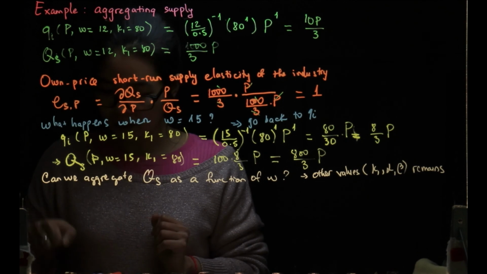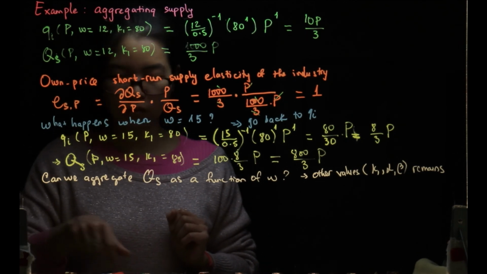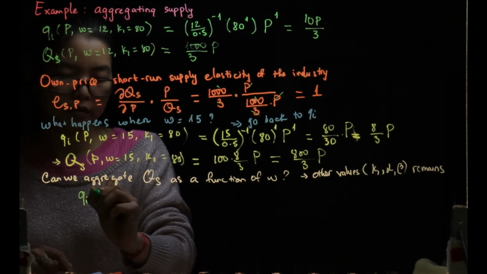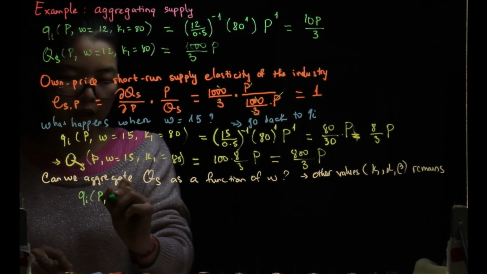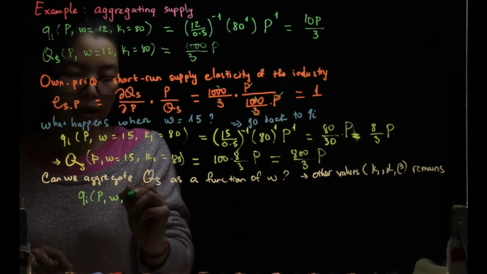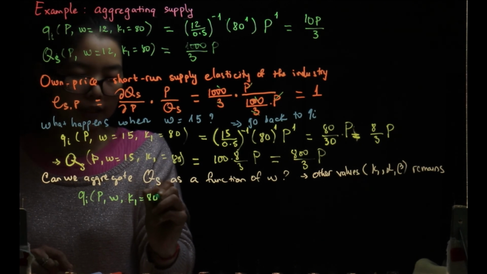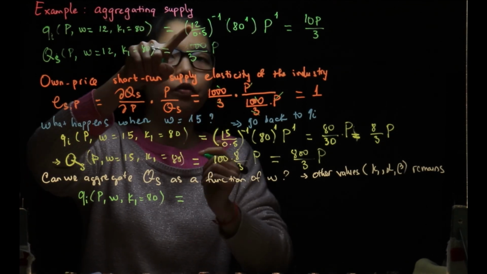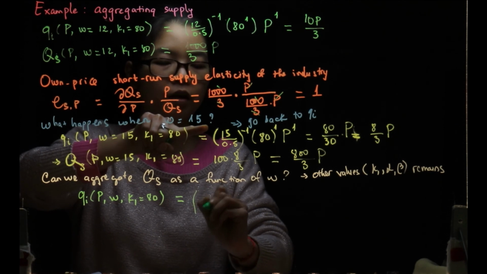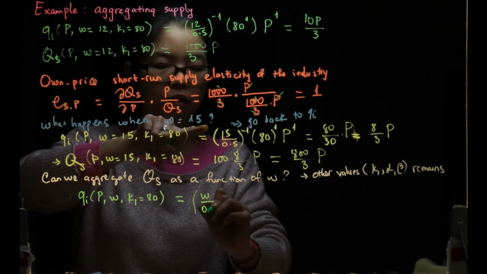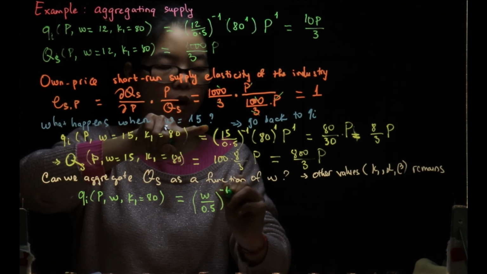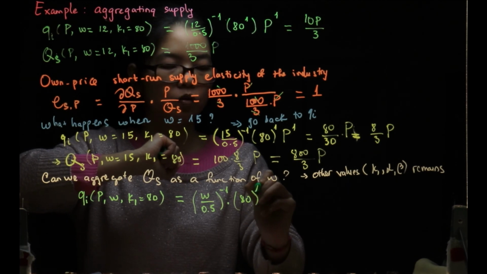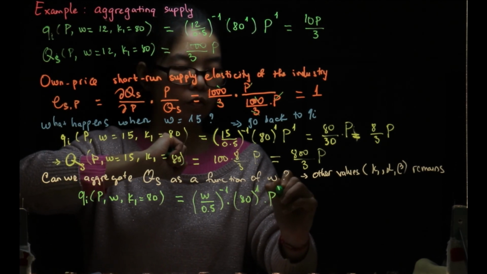No? Again, we need to go back to the form supply. Now we have P and also W with K1 equals 80, the same. So that would be, instead of 12 over here or 15 over here, we have W itself over 0.5 to the power of minus 1 times 80 to the power of 1 and P to the power of 1.